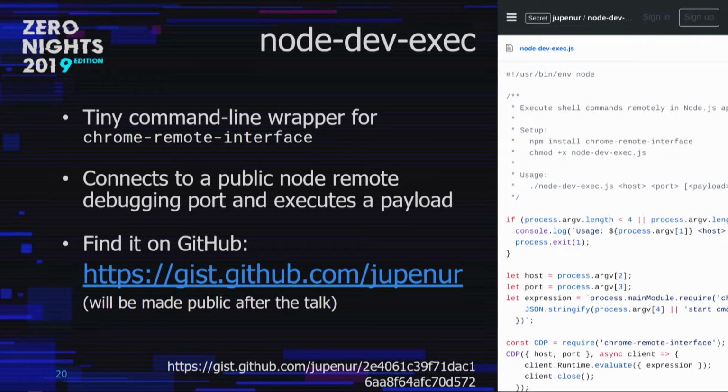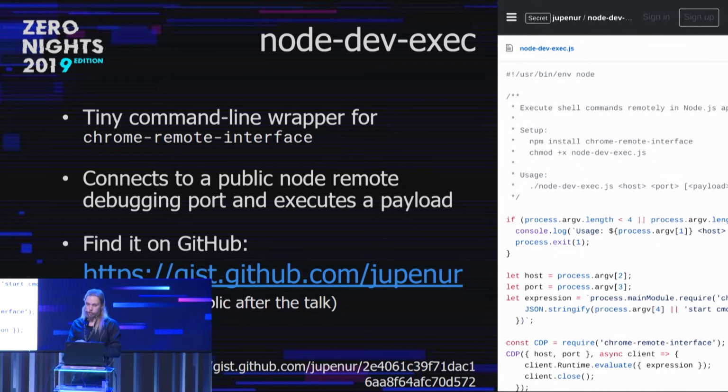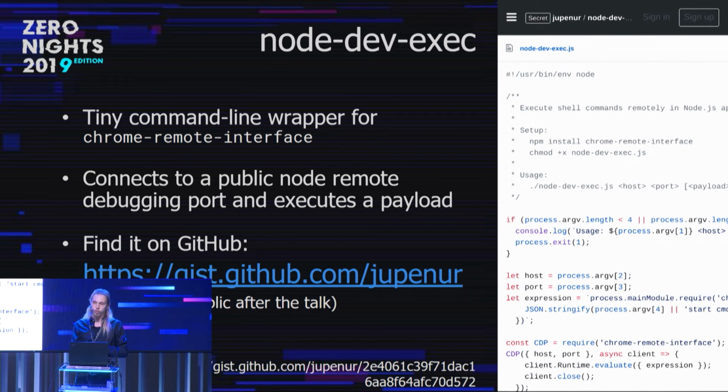The tool is available on GitHub already, so if you memorize the URL at the bottom of the screen, you can actually go there and download it now. But if you don't want to start memorizing that, you can just memorize my username instead, and I'll make the gist public after this talk. It's private at the moment, but I'll make it public afterwards.